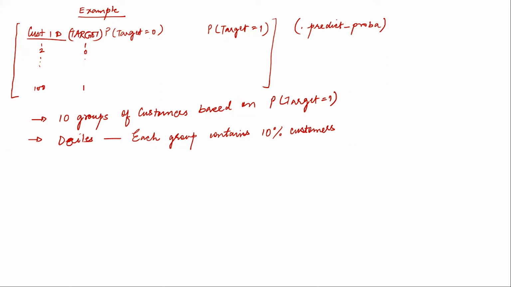So the top 10 scorers in mathematics will be in group 1, the next 10 in group 2, and so on. Likewise, the top 10% predicted probability goes in decile 1, and so on.